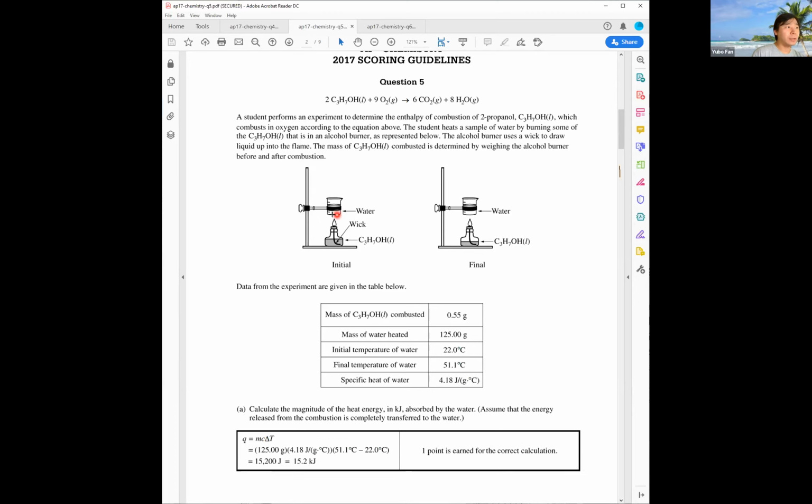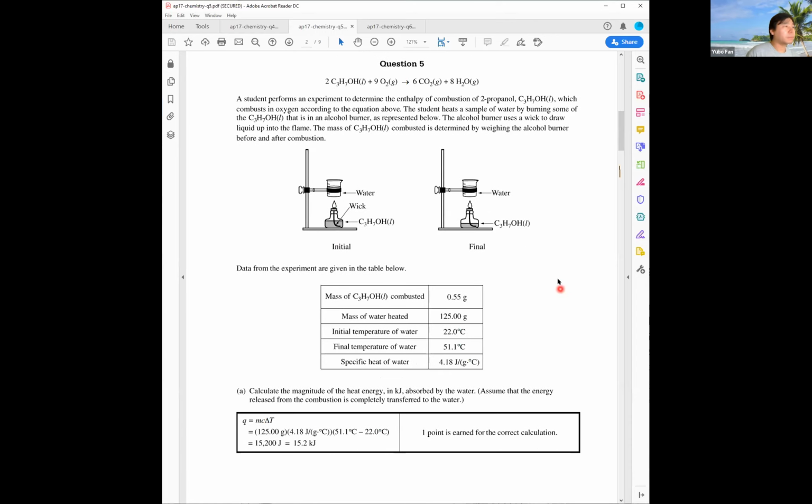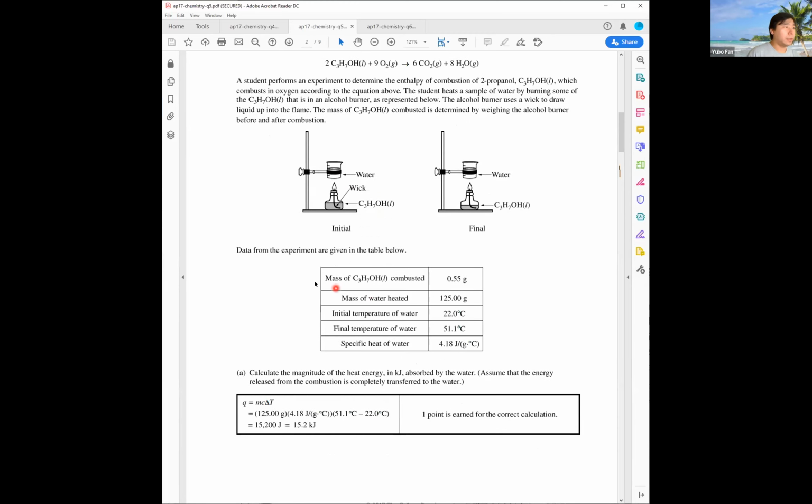Apparently, we need to measure the temperature of water, its initial temperature and the final temperature. And also the mass of water should be known. After the experiment is done, the mass of isopropanol combusted is 0.55 gram, very little.